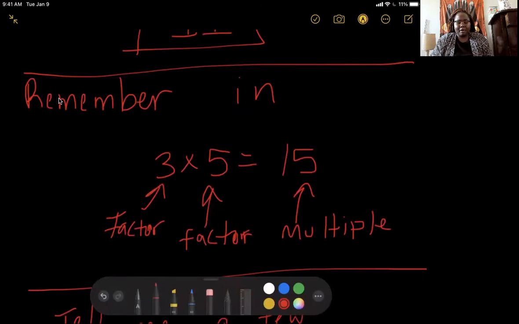Remember, in the multiplication equation, 3 times 5 equals 15, 3 and 5 are both factors of 15. 15 is a multiple of 3, and 15 is a multiple of 5. Multiple is a longer word, so those are your larger values. Factor, smaller word, those are the smaller numbers, what makes up the number versus what the number multiplies into.